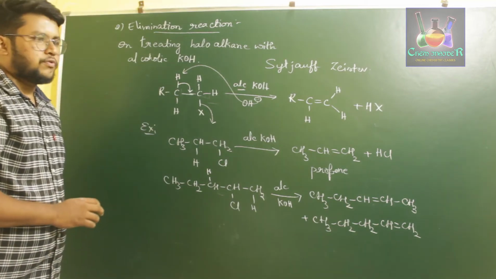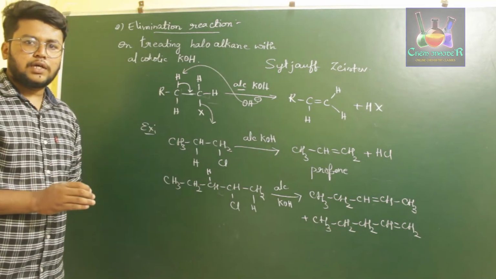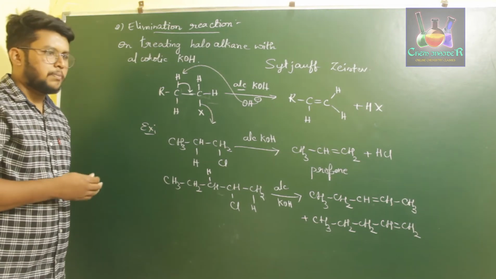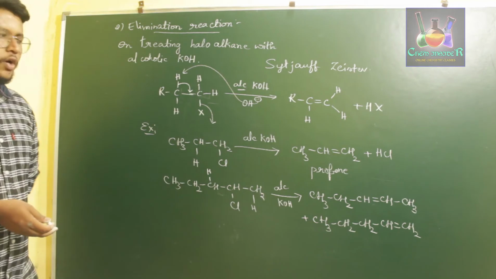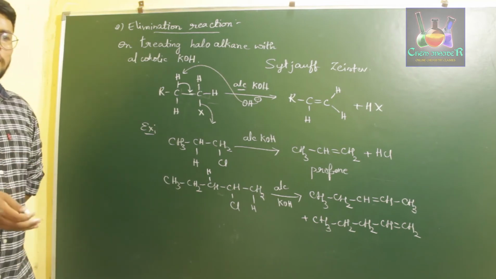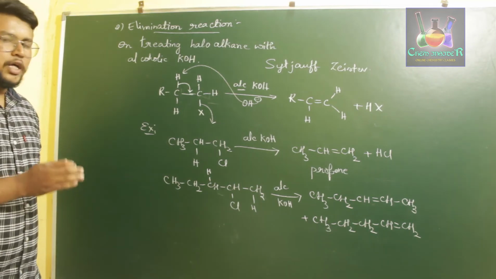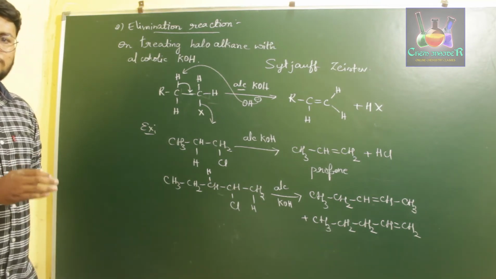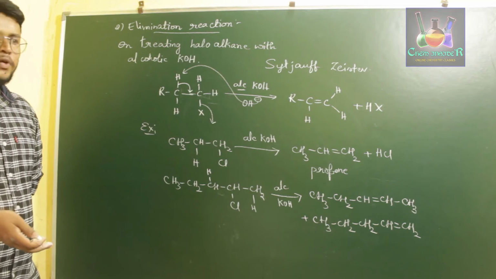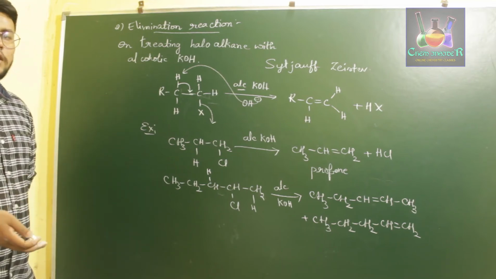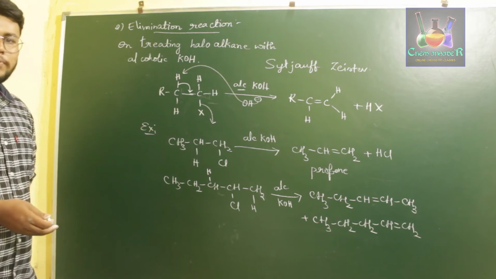So Saytzeff says that if you have to consider a major product during an elimination reaction of a multiple alpha hydrogen haloalkane, then the product where the double bonded carbons are attached to more carbon atoms is considered major.